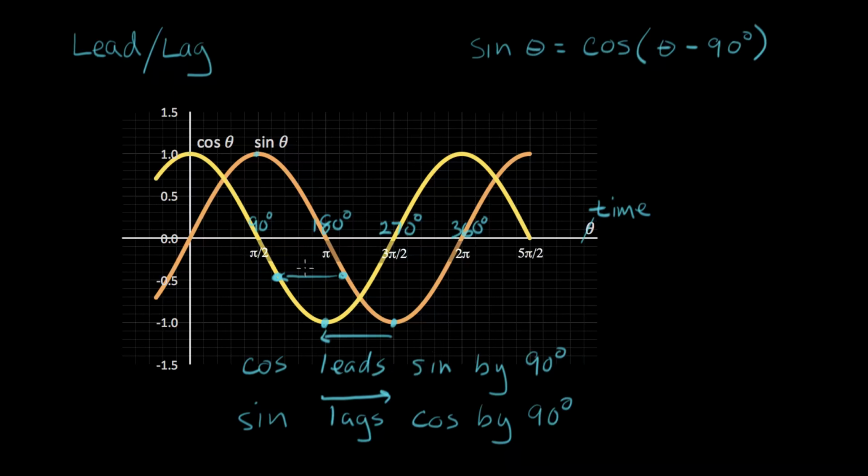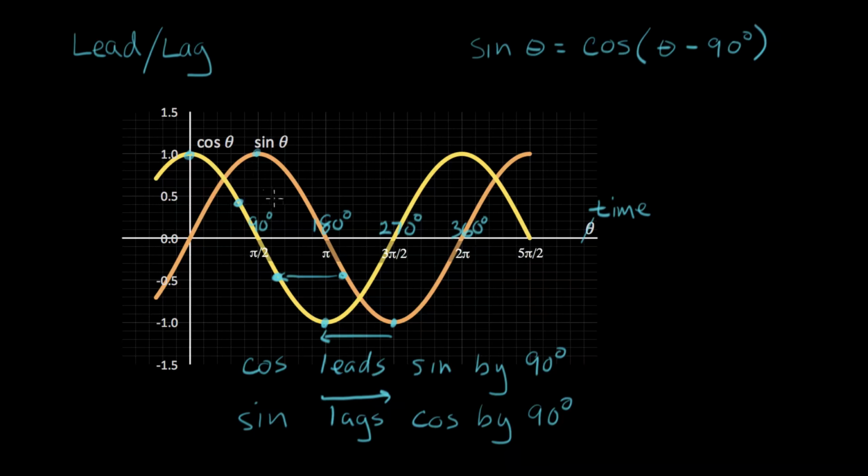So I can write this identity in reverse also. If I'm riding along on this cosine wave, let's say I'm right here, I'll notice I have my peak value here. And if I went later in time, or if I added 90 degrees, I would have the same value on that orange sine curve. So if I look here on cosine, I want to know what that is in terms of a sine function.